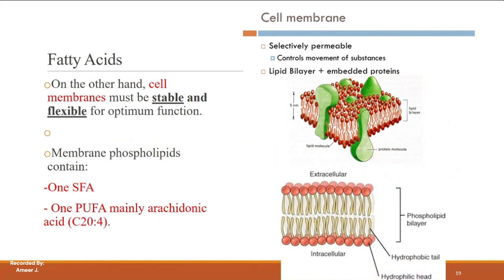On the other hand, cell membranes must be stable and flexible for optimum function, and membranes are likely to contain one saturated fatty acid and one polyunsaturated fatty acid, mainly arachidonic acid. It has 20 carbons and 4 double bonds, the first of which is 6 carbons from the terminal methyl group.